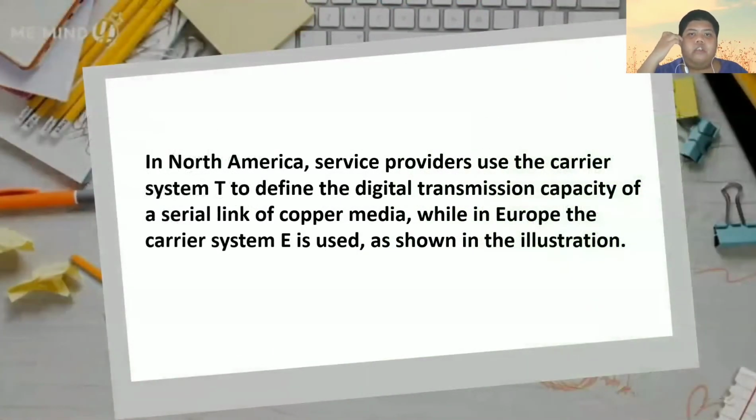In North America, service providers use a carrier system such as T to define the digital transmission capacity of a serial link over copper media, while in Europe the E carrier system is used, as shown in the illustrations.